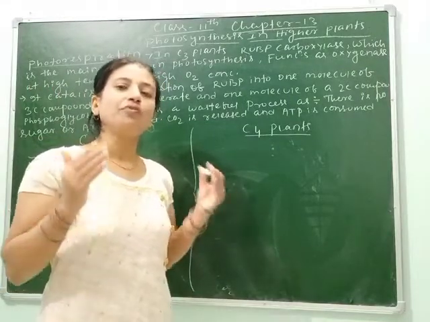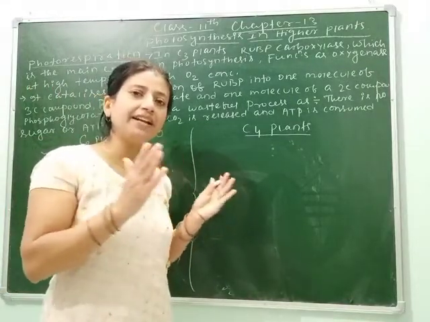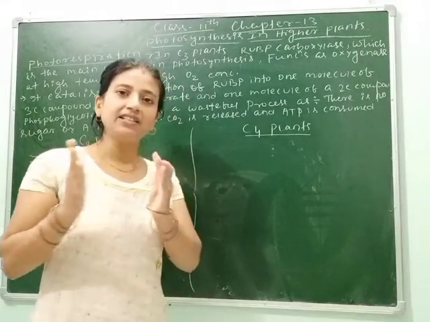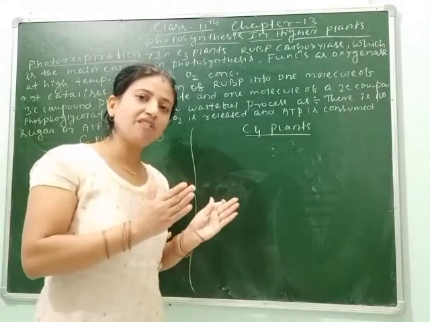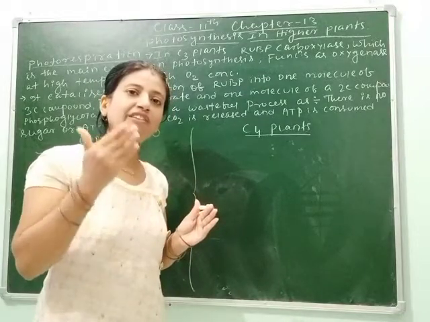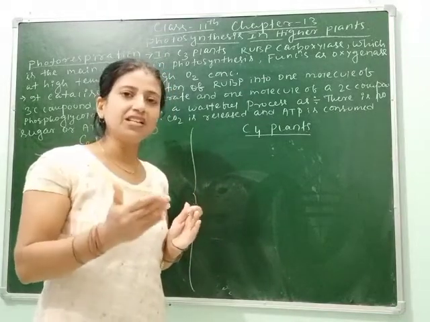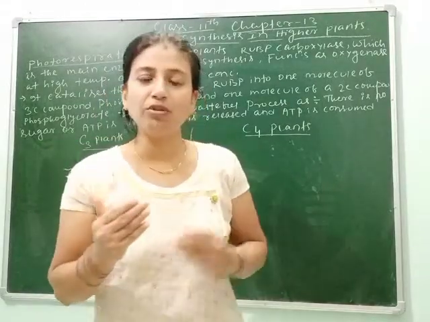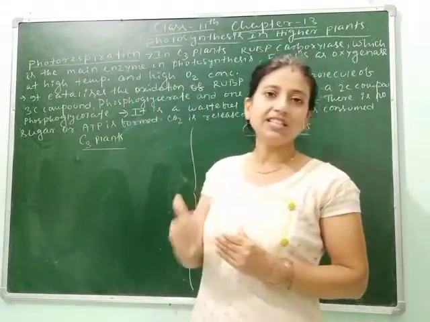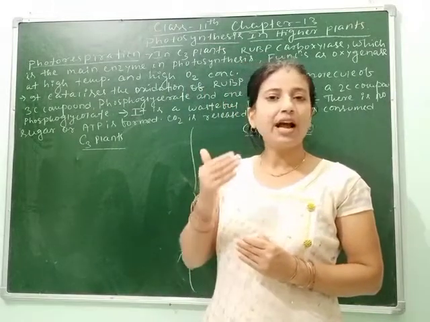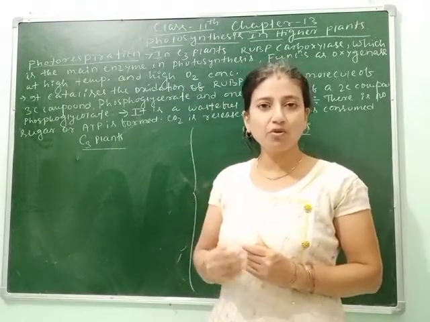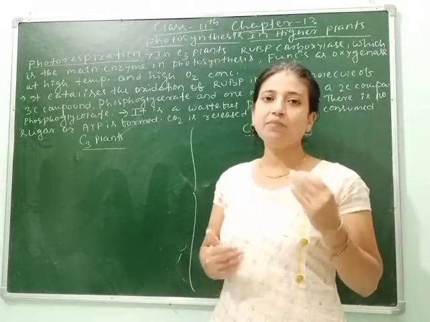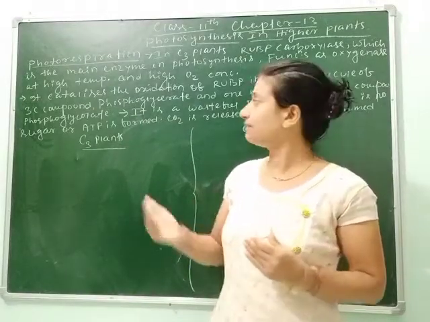As I have told you, all the plants on earth are divided into two categories, C3 and C4, on the basis of the carbon product they form initially. It means when the first stable product is a 3-carbon compound, that is called the C3 cycle or C3 pathway, and when the stable product during photosynthesis is a 4-carbon compound, that is called the C4 pathway or C4 cycle.